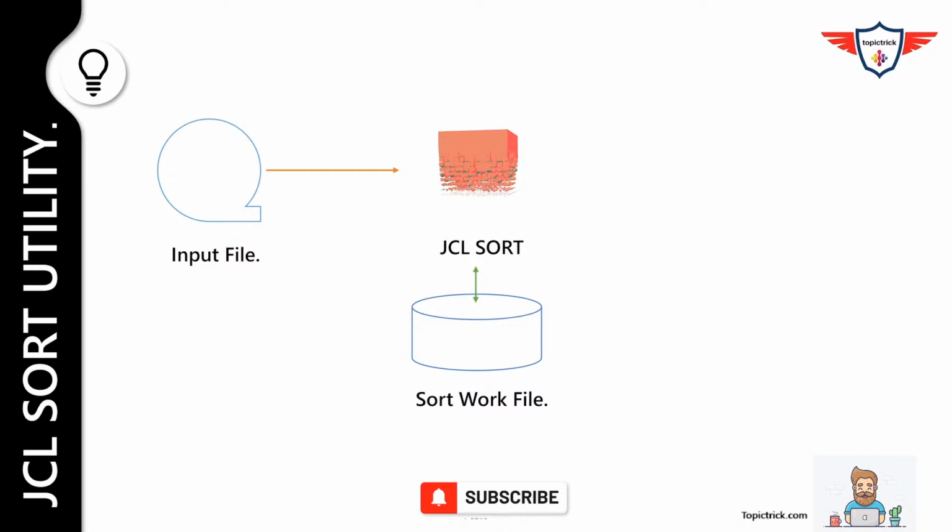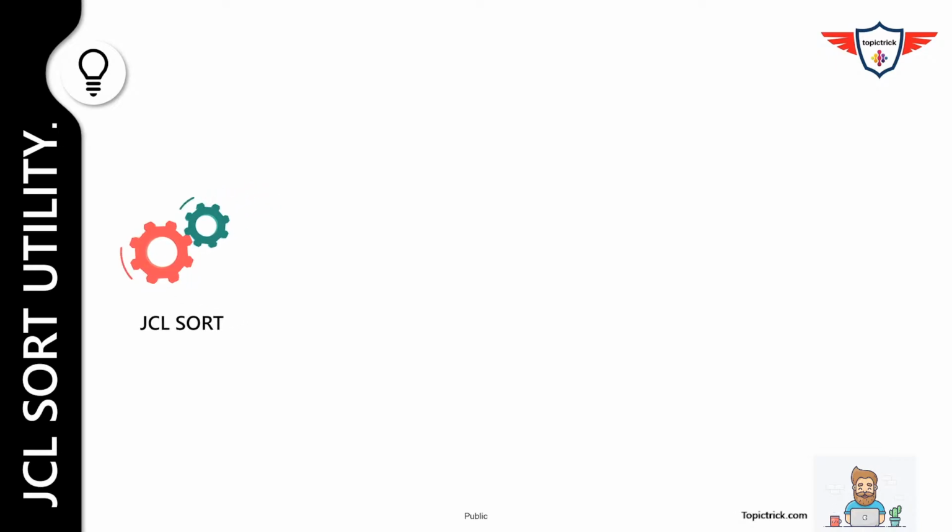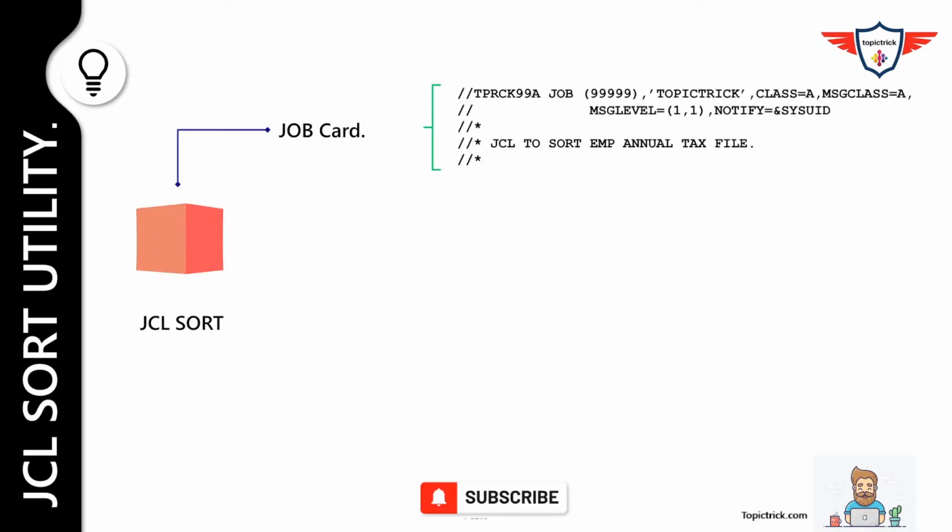So the input file is the one on which the operation will be performed. After that, you have the sort work file. JCL SORT utility actually uses this file for internal processing, right? And the outcome of the entire operation will be written into your output file. And the selection criteria is specified with the help of the SYSIN card.